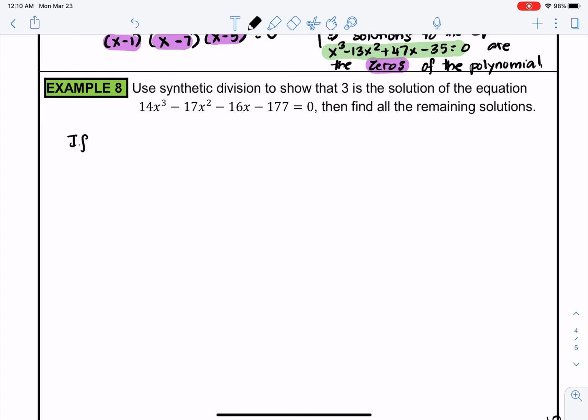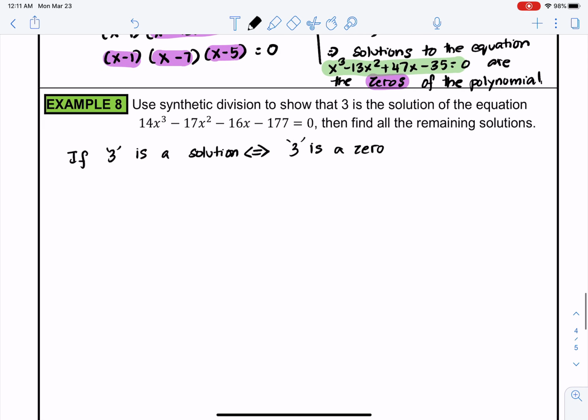So if 3 is a solution, this would imply 3 is a 0. We sort of are going in reverse compared to the previous problem, which would imply x minus 3 equals 0, because it is a 0, and if we move negative 3 to the other side, we get that statement that 3 is a 0, which would imply that 3 is a solution.